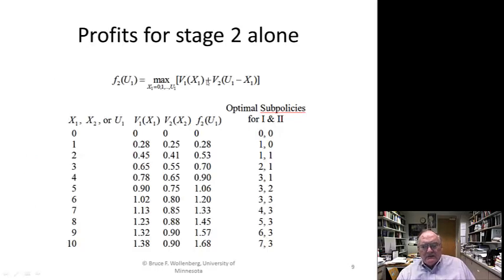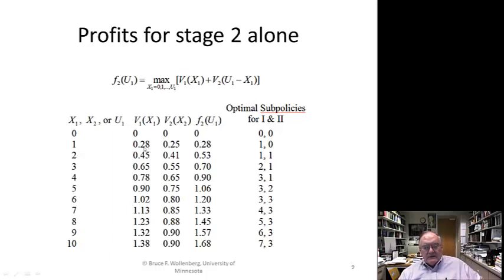So let's start out here. The values of X1 to U1 could be anywhere from 0 to 10 integers. If I allocate 0 to these, we're given the fact that V1 of 0 is 0, so is V2 of 0. If I give you 0 to invest in those divisions of my company, I'm going to get 0 back.